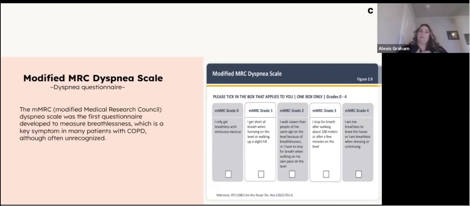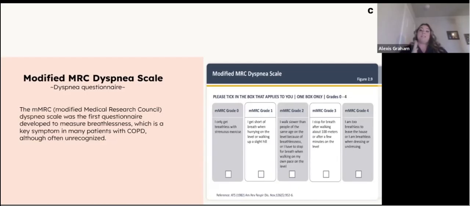So grade 0 would be: I only get breathlessness with strenuous exercise. Grade 1 is: I get short of breath when hurrying on the level or walking up a slight hill. Grade 2 would be: I walk slower than people of the same age on the level because of breathlessness, or I have to stop for a breath when walking at my own pace on the level.